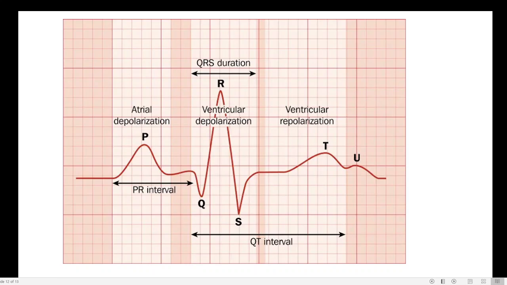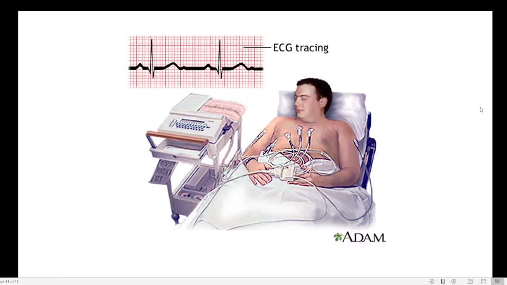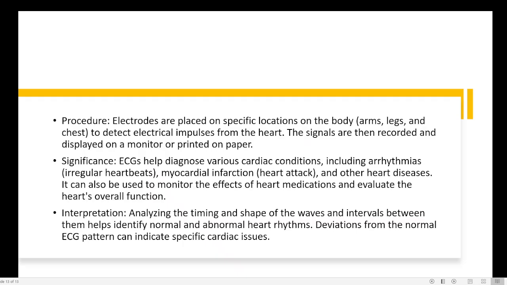So the doctor will be getting a lot of information by simply looking at this graph. If in a person this wave is very short, it will immediately indicate that the contraction of the ventricle is not proper. If this wave is missing, that shows that the ventricle is not relaxing properly. So that will give a lot of valuable information for the doctor to understand whether the heart is working properly.